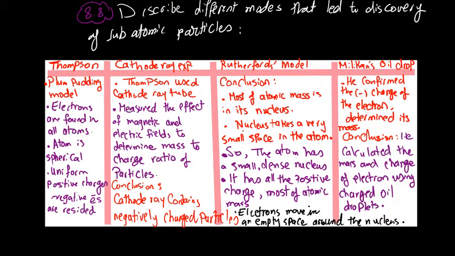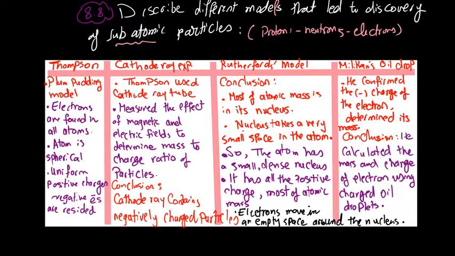In this KPI, we are going to compare different models that led to the discovery of the subatomic particles. Remember, subatomic particles are the small particles existing inside the atom, including protons, neutrons, and electrons.